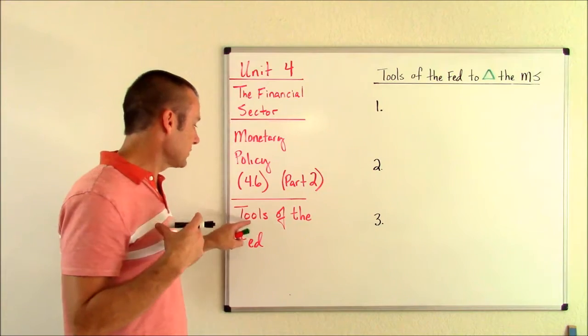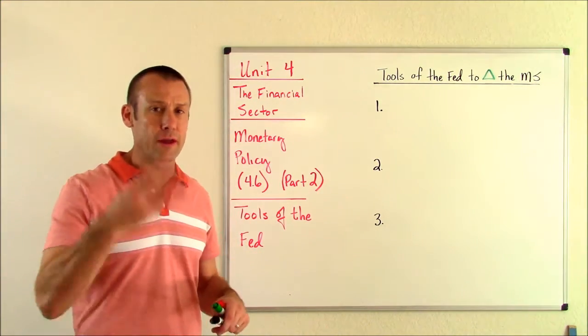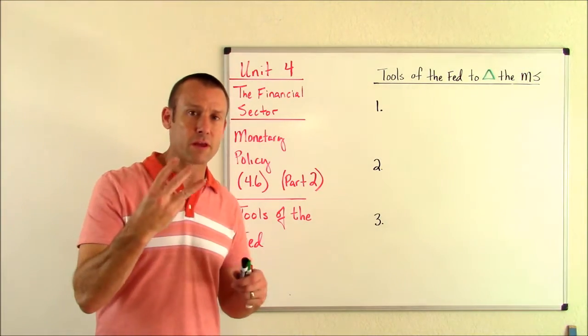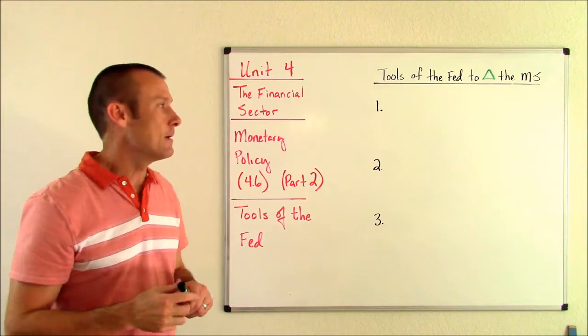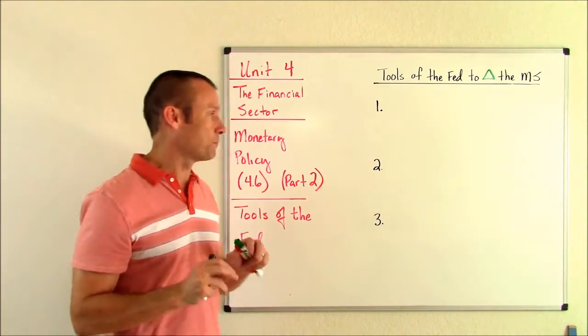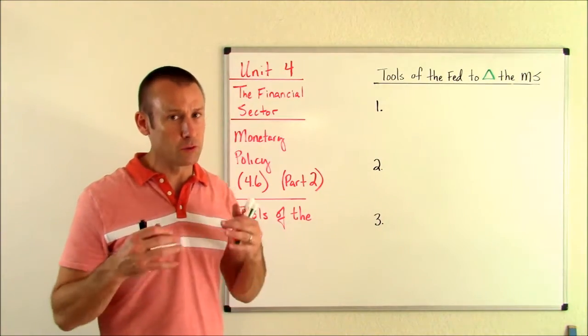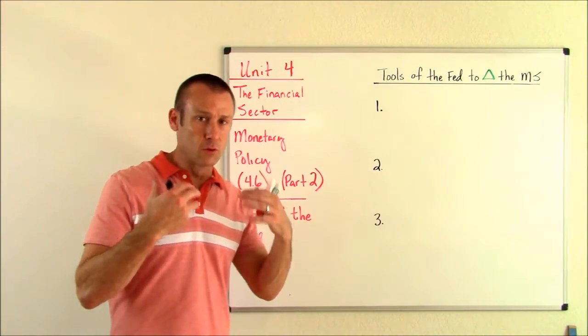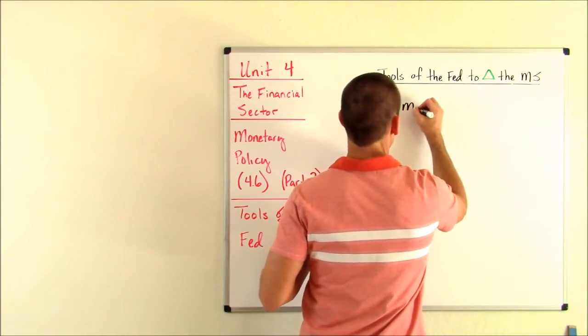What are the Fed's tools to change the money supply? In general, they have 3 tools. They have 3 things that they control directly, that they set, and we're going to go through those in this video. Number 1, for sure, the big one, the one they use the most to do monetary policy, is OMO.